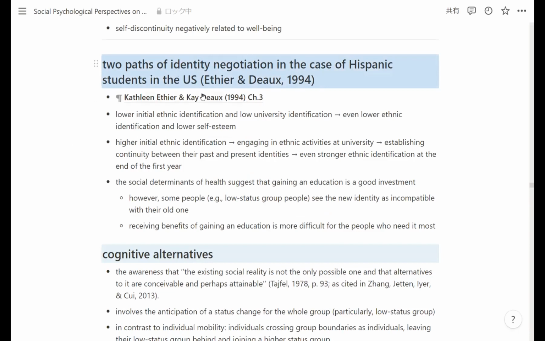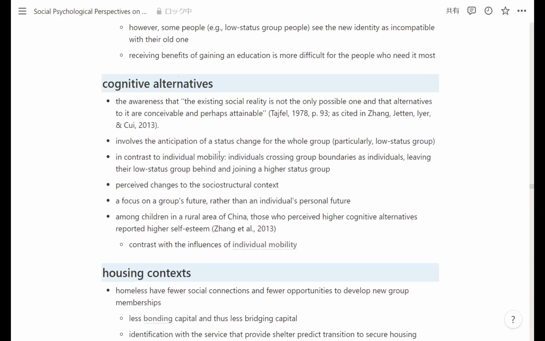However, when people have high cognitive alternatives, this means that, unlike individual mobility, cognitive alternatives is the awareness that collective mobility is possible.